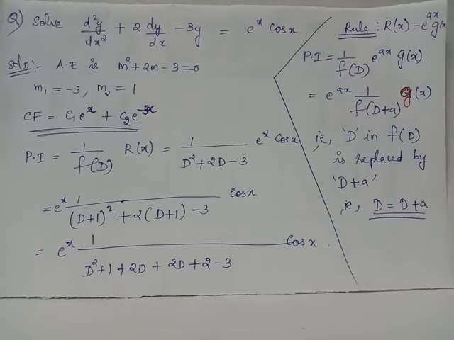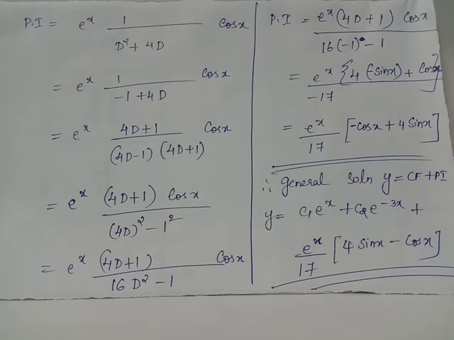When you simplify the denominator, it becomes capital D square plus 4D. Thus, we have PI equals e raised to x multiplied to 1 by 4D minus 1, which acts on cos x. This is because, since the operator acts on the trigonometric function cos of ax, capital D square is replaced by the negative of the square of the coefficient of x which appears inside the trigonometric function.